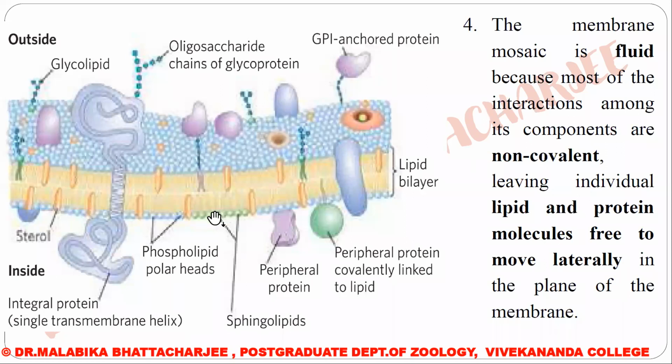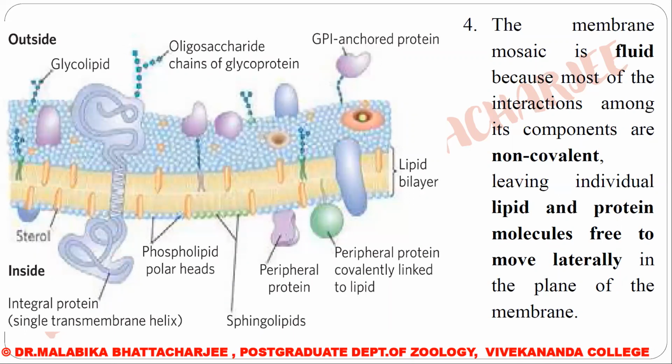But when the process of death starts within a cell, when the cell is about to die, it has to inform others that I am dying. What happens? This phospholipid, phosphatidylserine, moves from the inner leaflet to the outer leaflet. So this is a classical way of identifying whether a cell is dying or not.